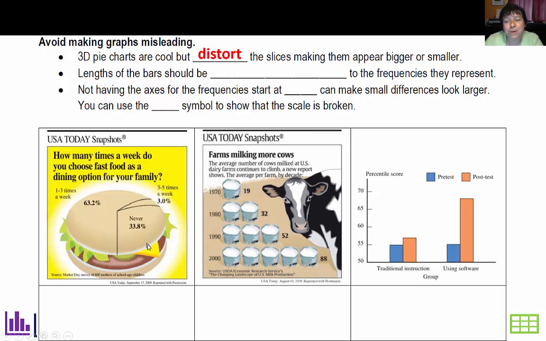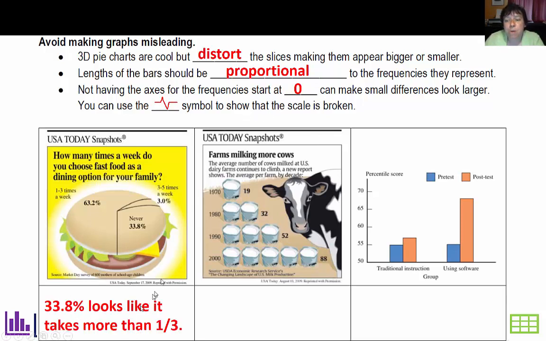Now, our eyes are actually pretty good at 3D, so we can kind of figure it out, but still it does distort it. We want the lengths of the bars to be proportional to the frequencies they represent. And we want to have axes start at 0 if possible. Otherwise, it can make small differences look larger. And you can use this symbol to show when a scale is broken. That is where we don't start at 0.